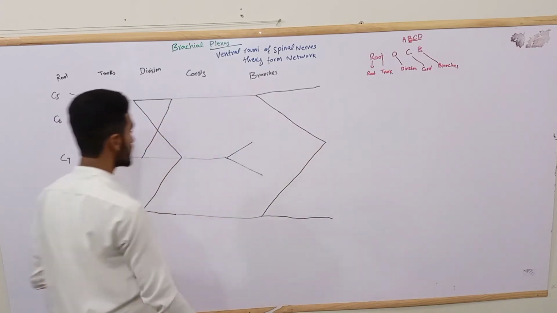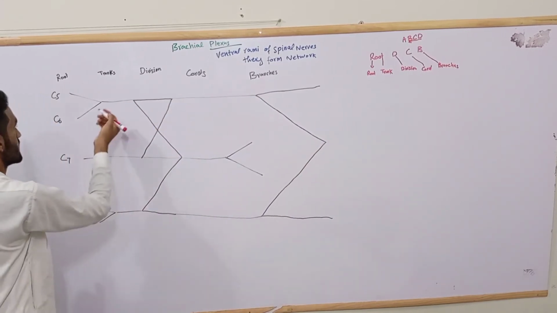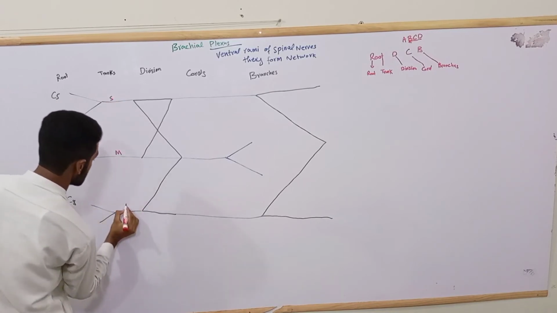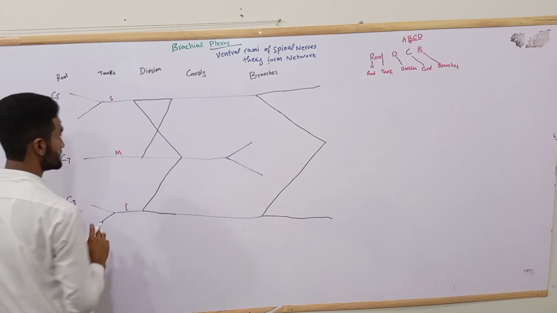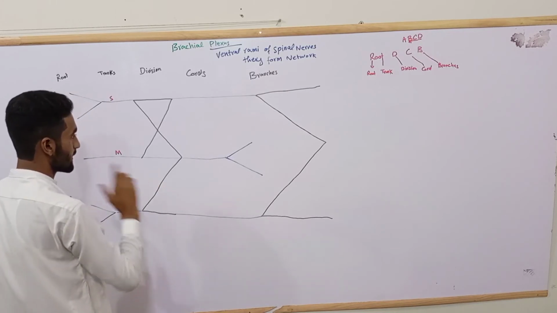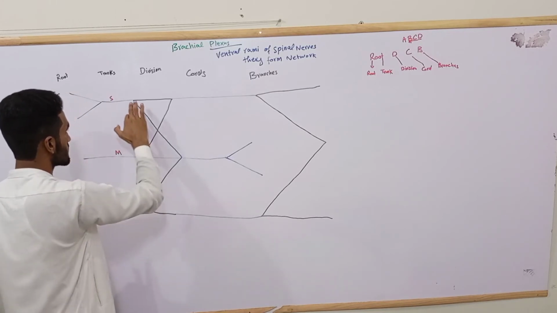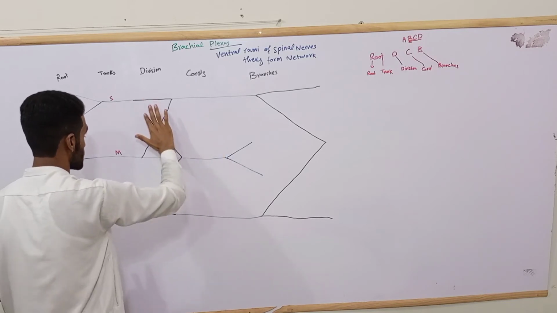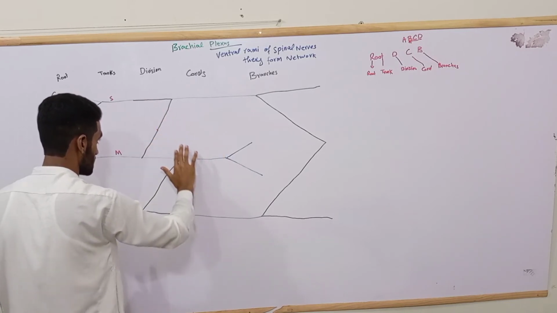So now name them. This is your superior trunk, middle trunk, and inferior trunk. And if I recolor it to make it easy, because this is the posterior cord, I change the color for the posterior cord like this.